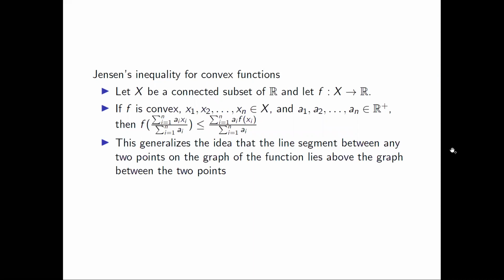And this is going to generalize the idea about the line segments between any 2 points being above the graph. In the case that n equals 2, it's the exact same as the definition of convexity.